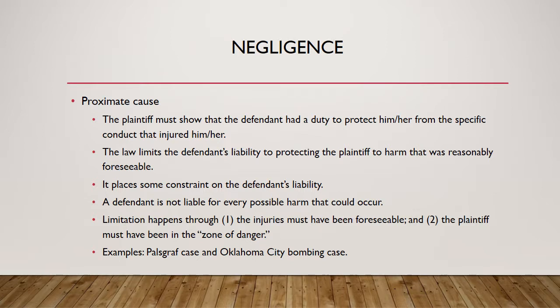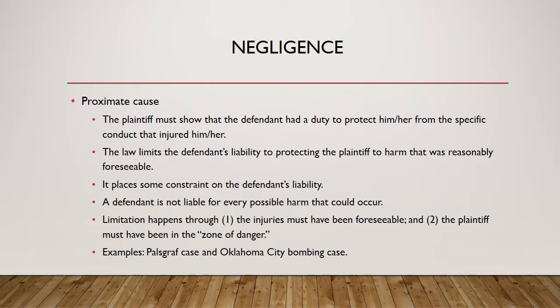And away from the plaintiff, quite a ways from her, is a gentleman. I believe it's a gentleman, but someone is getting on the train as a passenger, and they have a wrapped box that has fireworks in it. As the person is getting on the train, that box is dropped and it hits the ground, causing the fireworks to go off. And as a result of the fireworks going off, the scales fell down and hit the plaintiff, and the plaintiff sues over it.